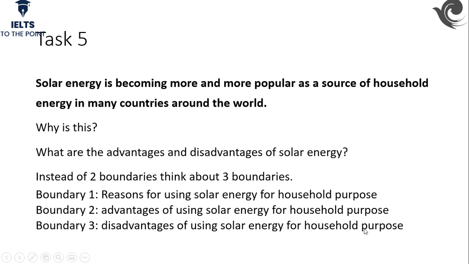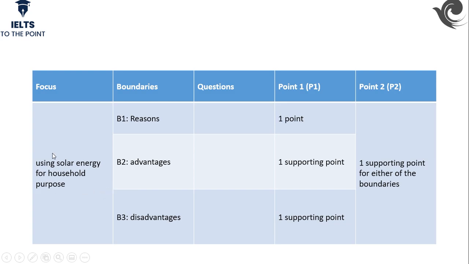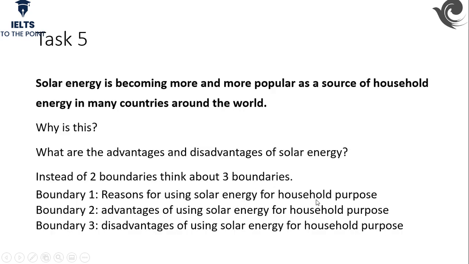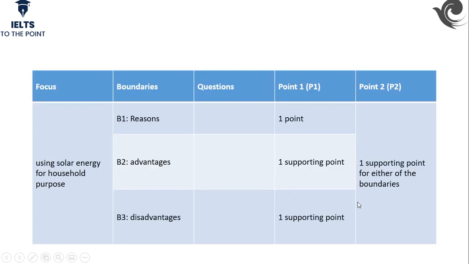Now similarly, you can put your focus over here, because using solar energy for household purpose is common. We may say that is the focus. That part of the topic is the focus. Boundaries are 3. The first one is reason, the second one is advantages, the third one is disadvantages.